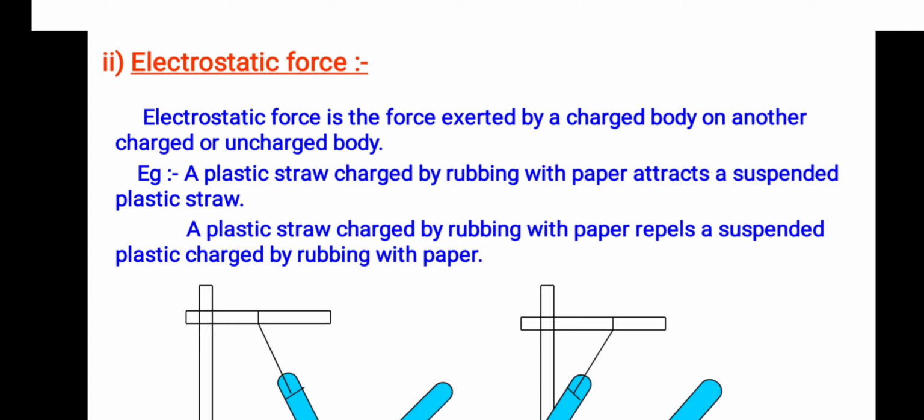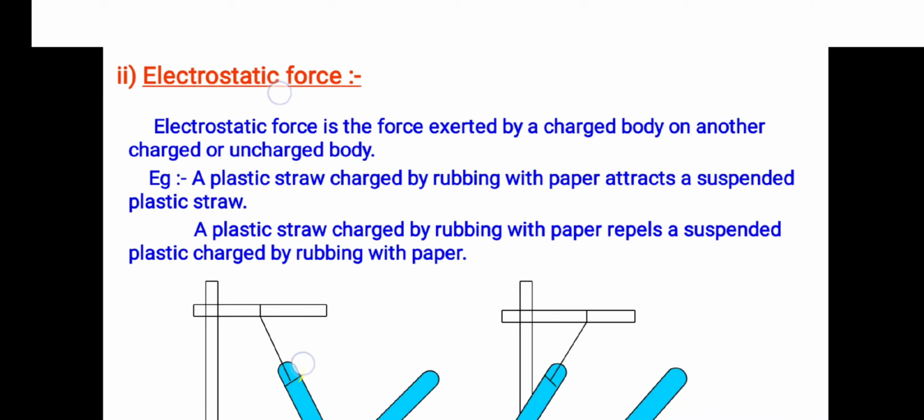What is electrostatic force? Electrostatic force is a force exerted by a charged body on another charged or uncharged body. We have discussed the charged body earlier. Example, a plastic straw.